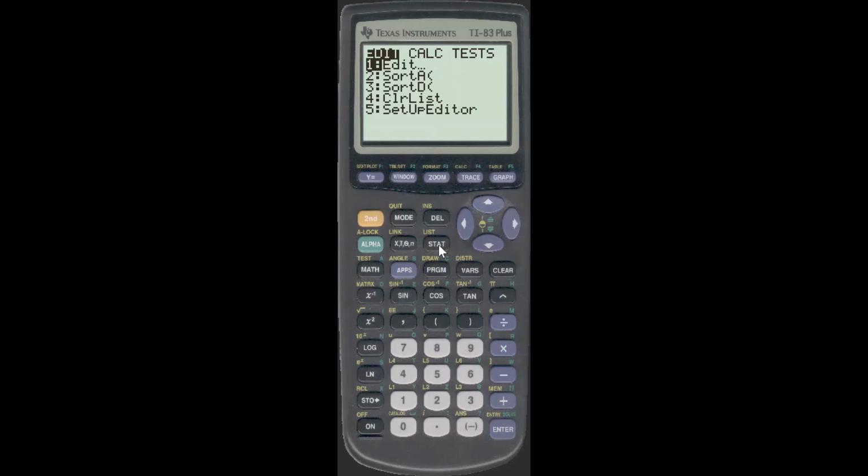Does it let me put it all in order? I don't know why it didn't work. It didn't work for me either. Let's try this. Sort A. Maybe it will just do it in here. Let me just see if I can do it. Second L1. Where did it do that?